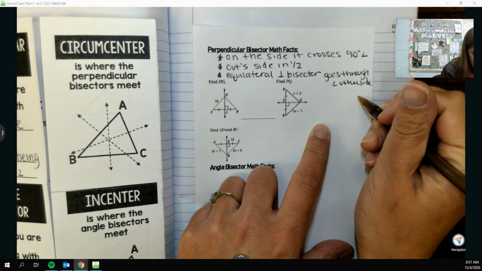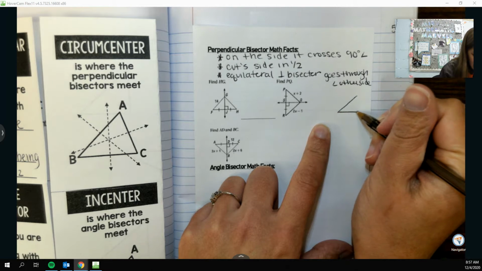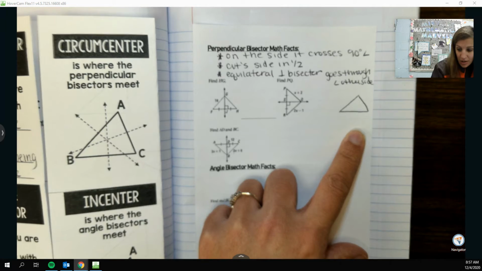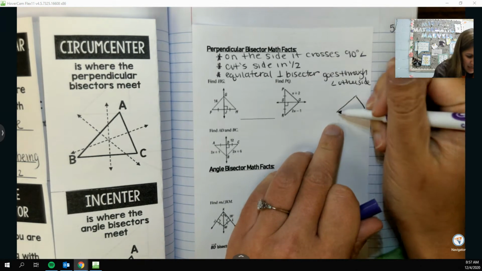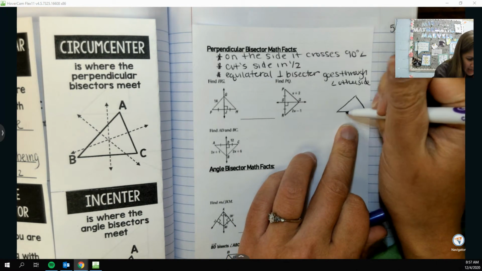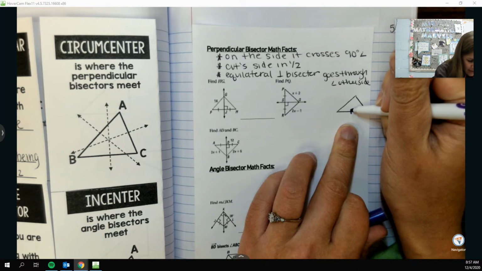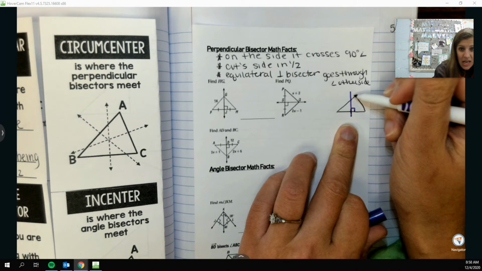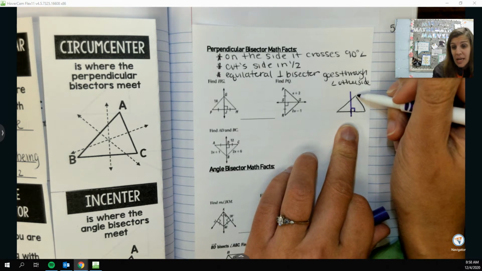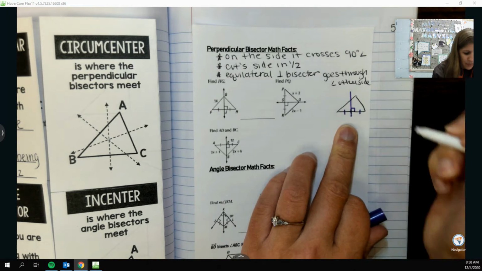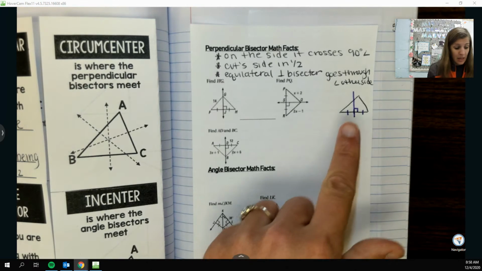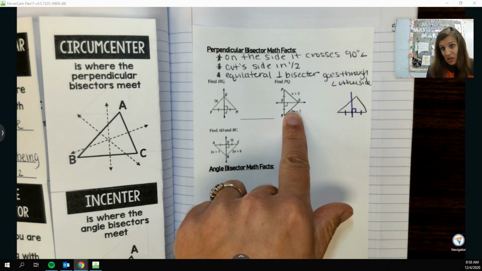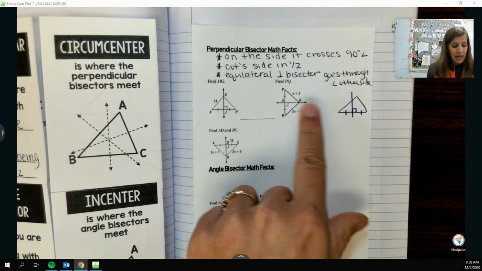Because I could have something like this scalene looking triangle, and if I perpendicularly bisect this side right here, I'm cutting it in half at a 90-degree angle, and this line doesn't necessarily go through the angle opposite of it. It may if it's isosceles or equilateral, but it may not.